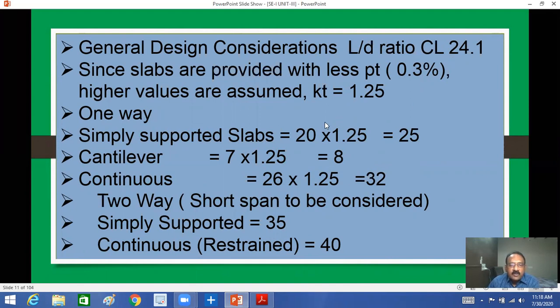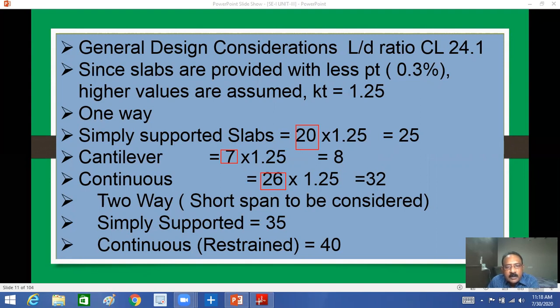See the span to depth ratio generally for simply supported beams is 20, for beams, slabs, or anything, as per the clause of your IS 456, right?